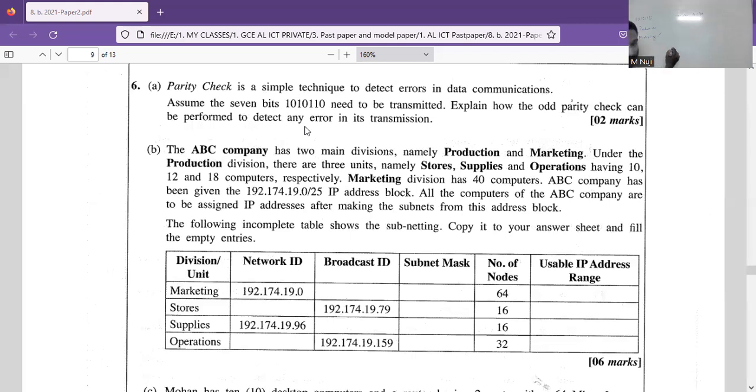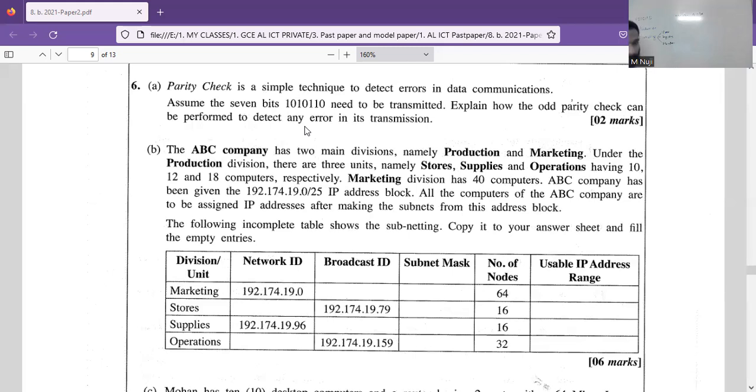Under the marketing division, there are store, supplies, and operation, having 10, 12, and 13 computers respectively.